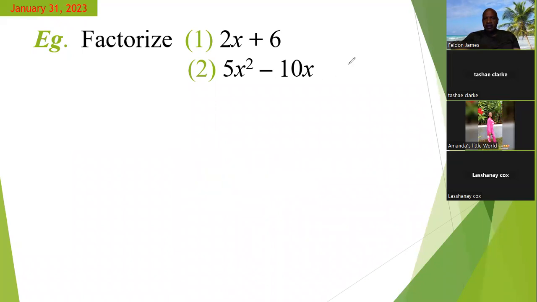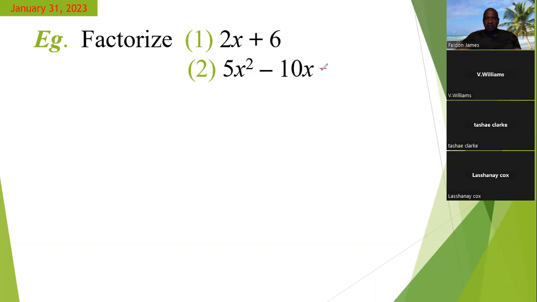All right, looking at the other one, question 2, where we have 5x squared minus 10x. So what is common in terms of the number? We want to look for a number that can divide 5 as well as 10. The highest number that can go into 5 and 10 would be what? 5, sir.